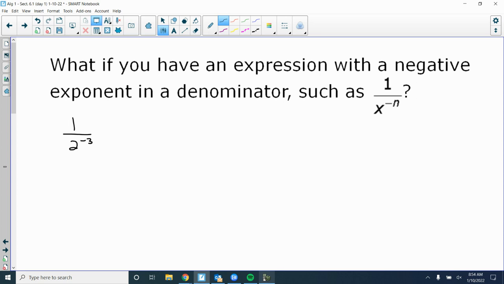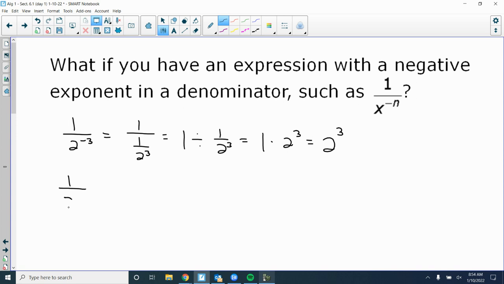So here, really, I'm going to show you a shortcut, but 2 to the negative third is 1 over 2 cubed. And if you do the math, then this becomes 1 divided by 1 over 2 to the third, which becomes 1 times 2 to the third over 1. So long story short, it becomes 2 to the third.